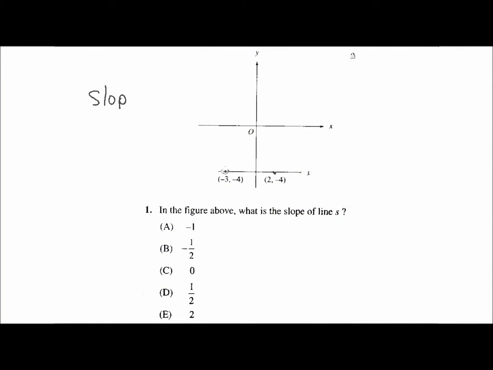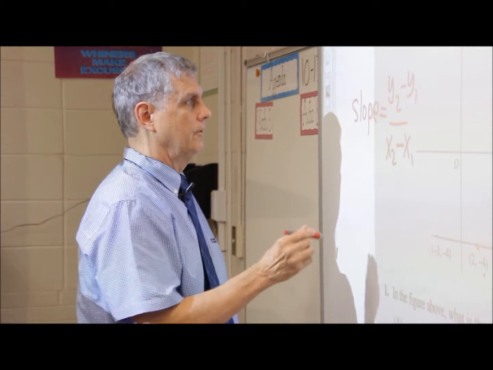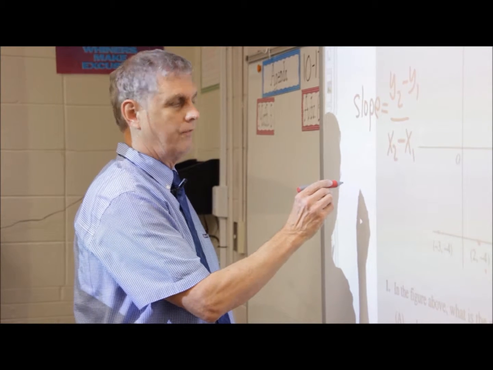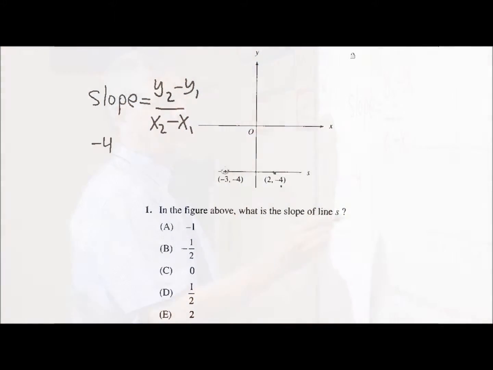We'll just review it. Slope equals y2 minus y1 over x2 minus x1. And we could just plug these in. Our y2 over here is a minus 4, and our y1 is also a minus 4.